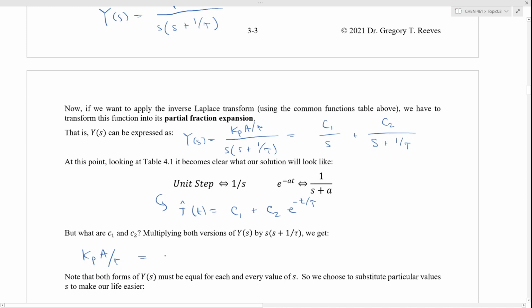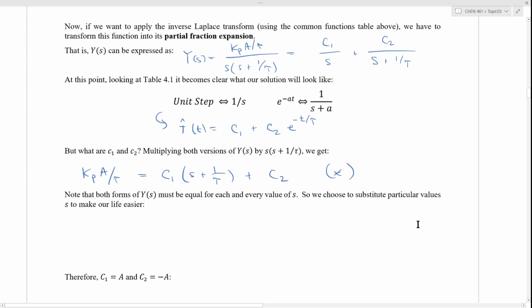Just working out the algebra, you get on the right-hand side c1 times quantity s plus 1 over tau, plus c2. Now this equation has to hold for every single value of s that we plug into it, so it also has to hold for particular values of s. So let's choose values of s that make our life easier.